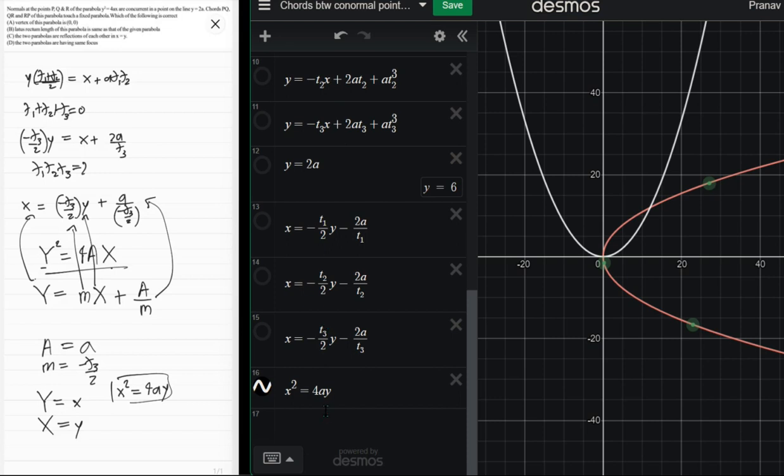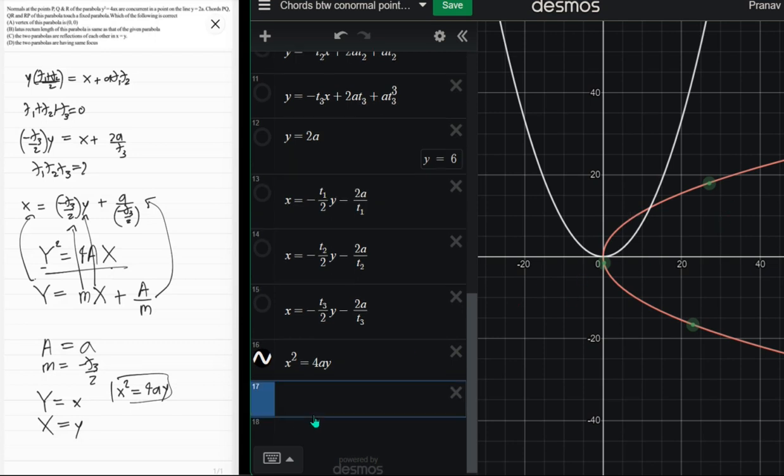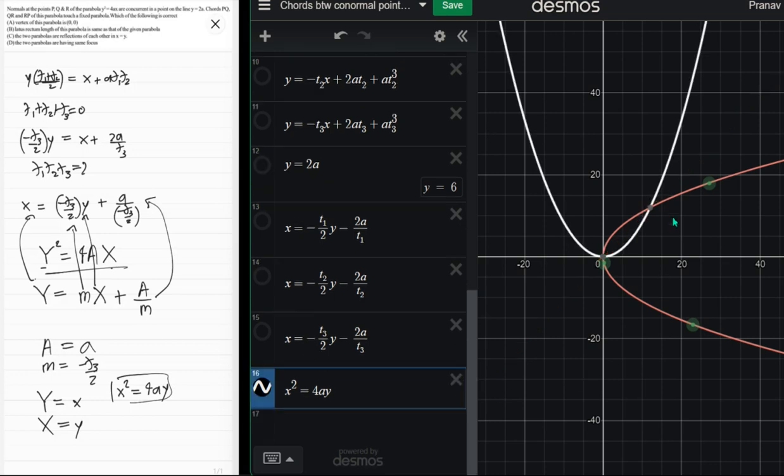In fact, you don't even need to graph. You can clearly see that over here y is changed with x and x with y. So it is in fact just reflections, but still, let's graph x equal to y. If we graph this, you can see that yes, these are reflections. Right, cool. And then they say that the two parabolas have the same focus.